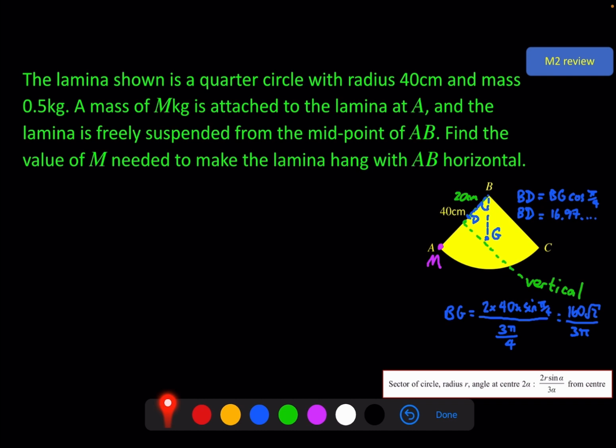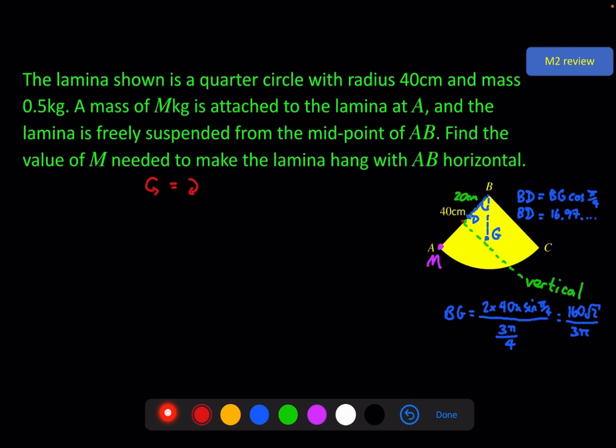And by this point, you've probably realized that I've made this up myself, which is why the numbers are not working out very nicely. So if we do a moments equation about the point E, the midpoint of AB, then anti-clockwise, we have 20 centimeters times m, the thing we're trying to find, and clockwise, we've got 3.023 dot dot dot centimeters times the weight of the lamina, 0.5 kilograms, which gives us a very, very small number, 0.07558 dot dot dot kilograms.